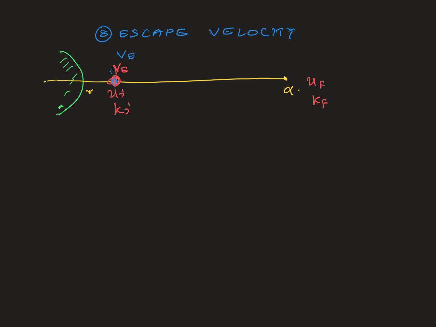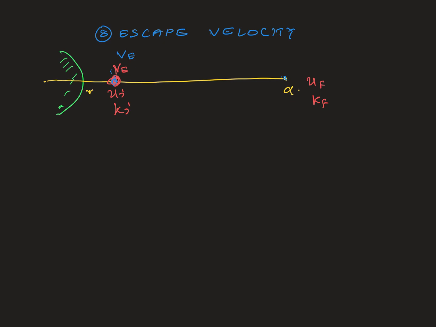If it is more than zero, it will still go to infinity, but it will have some kinetic energy. So what we want is the minimum energy required to get this object to infinity. That means when we go to infinity, it will have no kinetic energy, because we have given all the kinetic energy to provide the potential energy needed for the object to come to infinity.